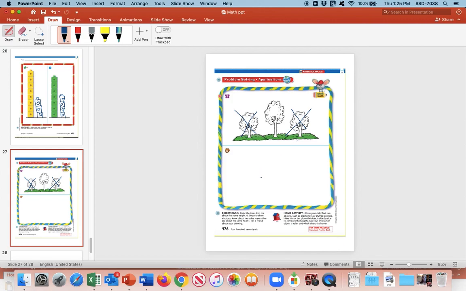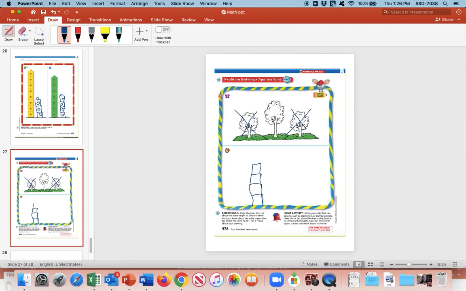Then the last part of our math lesson is to draw to show what you know about two cube towers that are about the same height. So we are going to practice doing that, and then we are going to conclude our lesson. So let's just make, whoa, I'm having a hard time here. Sorry. We're going to make a cube. I was trying to make a shortcut, but it didn't work.